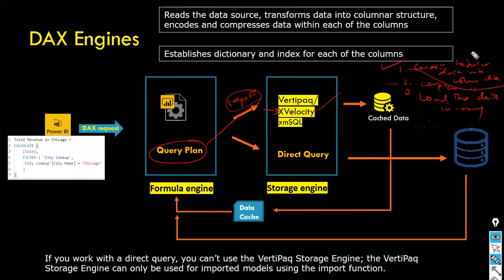But for example, I have 10 GB of data, but in my laptop I just have 8 GB of RAM. If you load the 10 GB data, it will be too slow, it will take a longer time, and your system will hang. So what Power BI does, especially the X velocity engine, is compress your data.